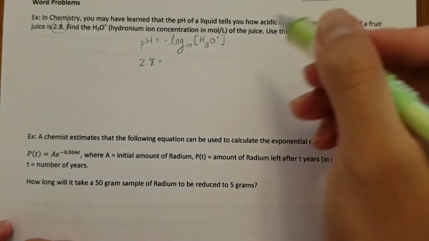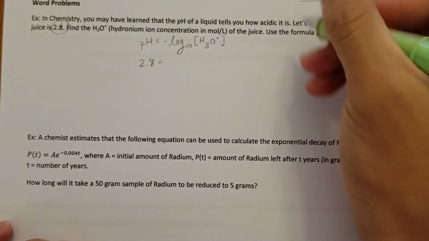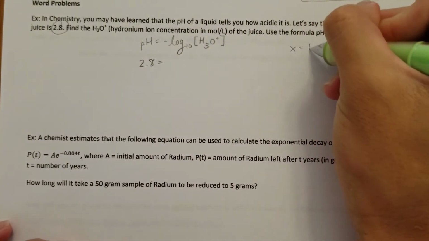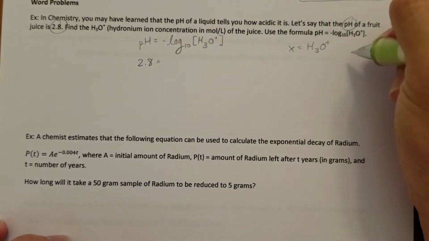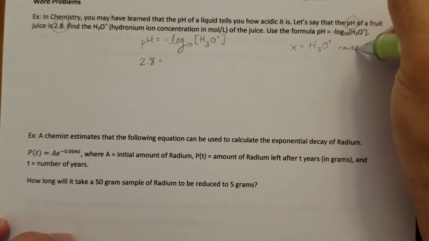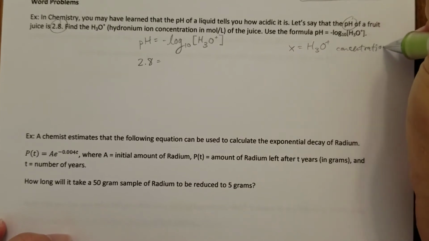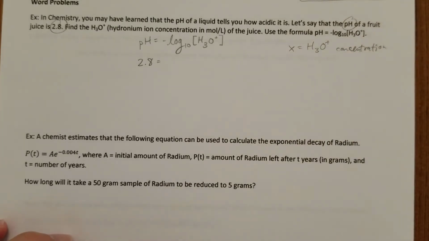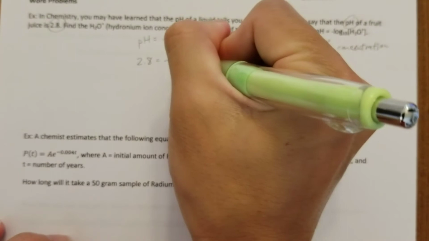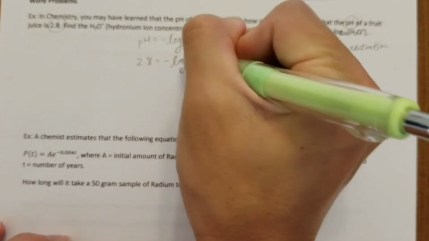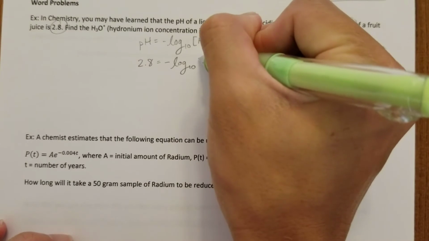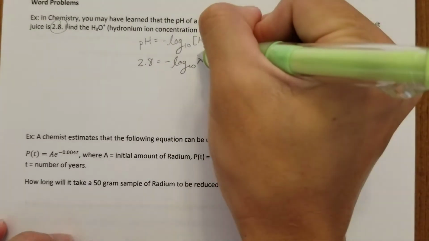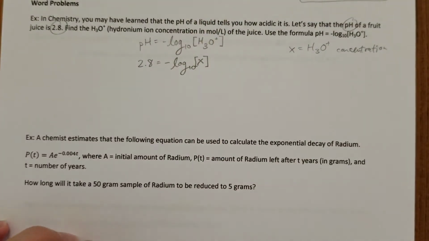This H3O+, let's call that X. X equals the H3O+ concentration. So we substitute X, and this is negative log base 10 of X. You can think of it like that.